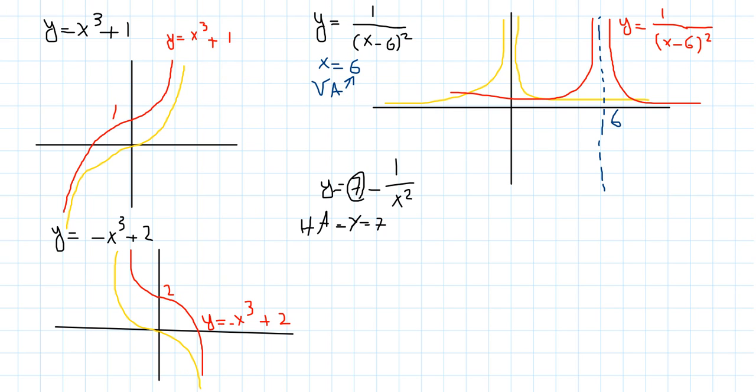My vertical asymptote is x equals 0. So it means my vertical asymptote is the y-axis, and the horizontal asymptote is at 7. Let's draw the horizontal asymptote. 1, 2, 3, 4, 5, 6, 7.